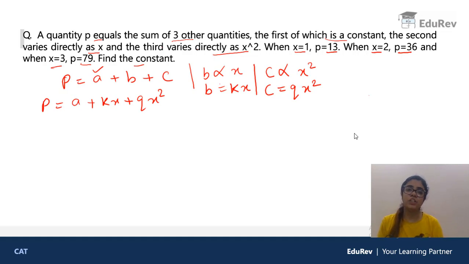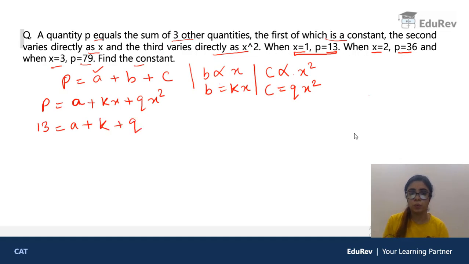The final question is, what is the value of A? What is the value of the constant? Now let's try and substitute the values. The first set of values are, when x is 1, P is 13. So P is 13. This will be A, x is 1, so this will be K plus Q. This is your first equation. When x is 2, P is 36.